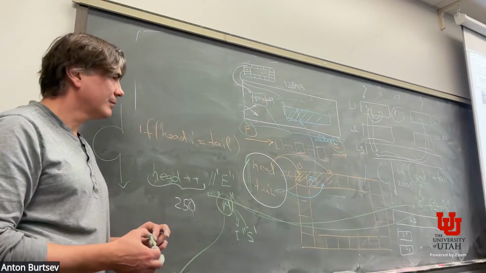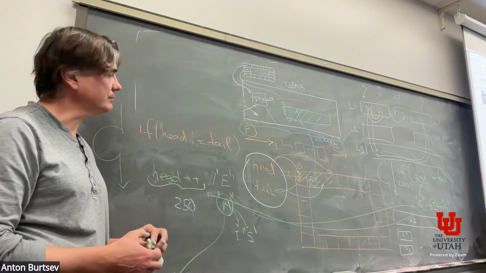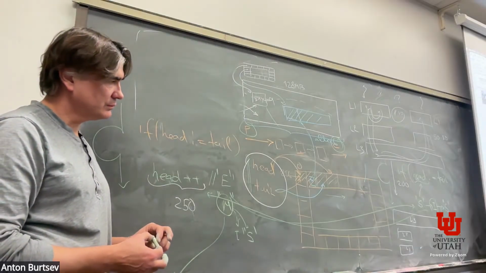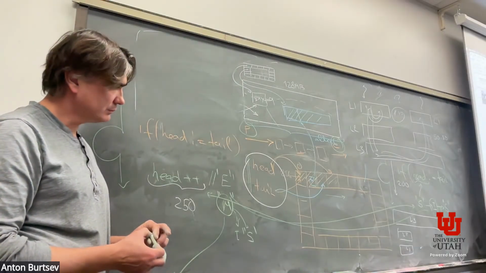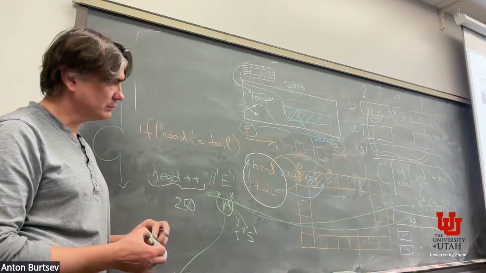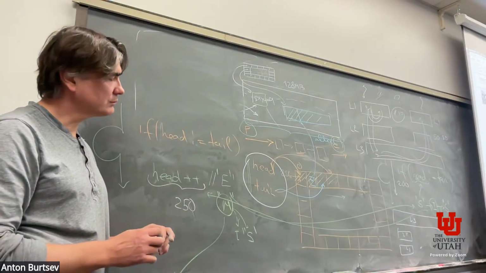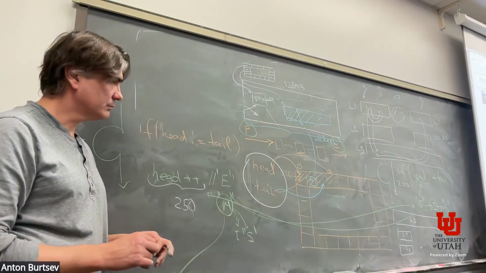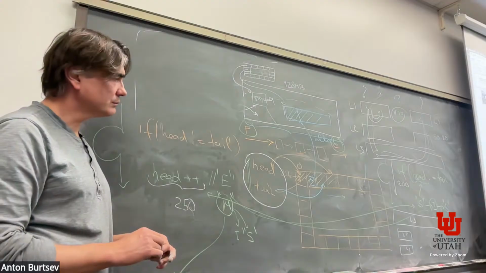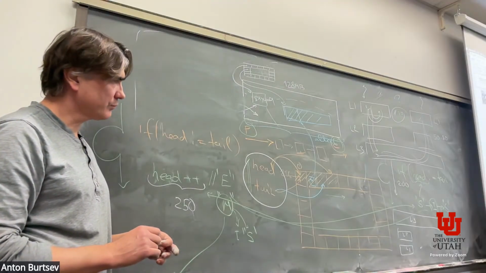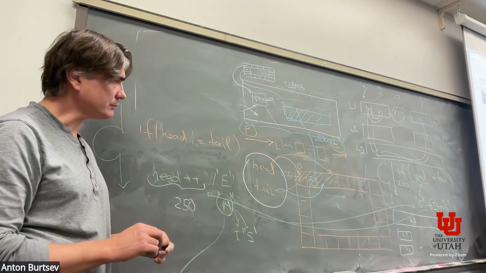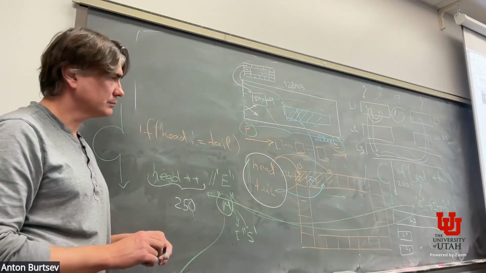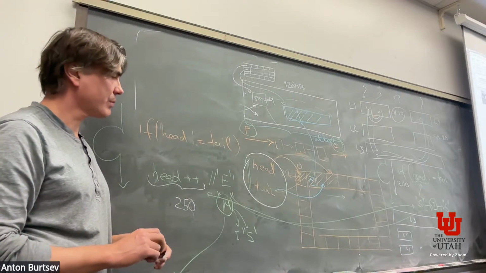So maybe if the producer has inserted one message and it knows that the gap between head and tail is greater than one, then we can set a new flag which just says that there are messages pending. And if the pending flag is set to true, then you can just keep reading without looking at head.